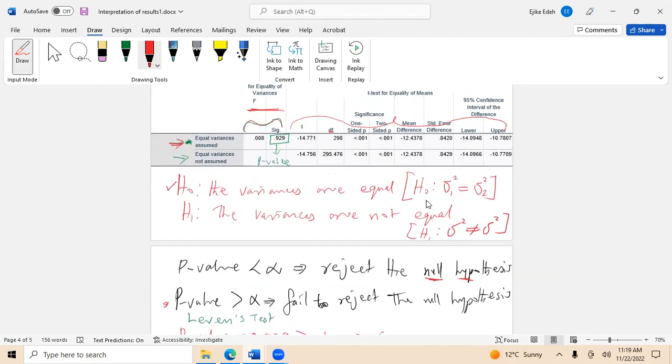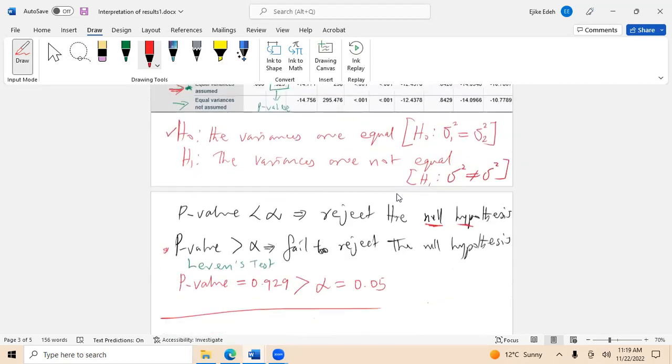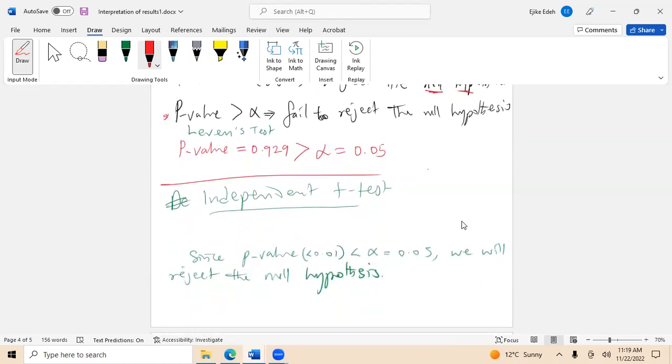The Levene's test above is comparing the variances. The right-hand side, the independent t-test, is comparing the heights.